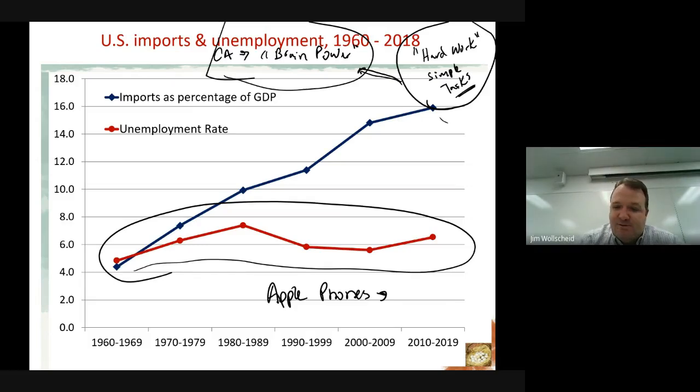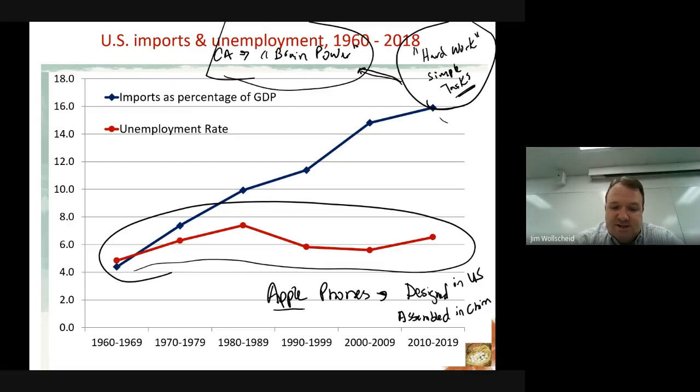If you ever look at your Apple phone, it will say something, usually they used to say designed in the United States, assembled in China.